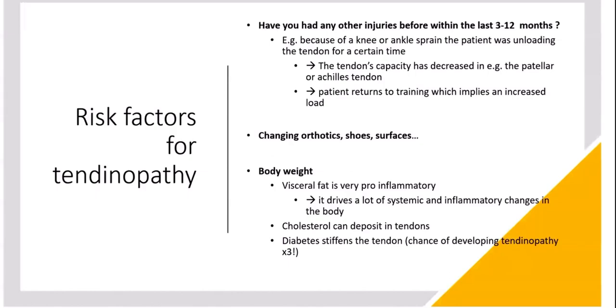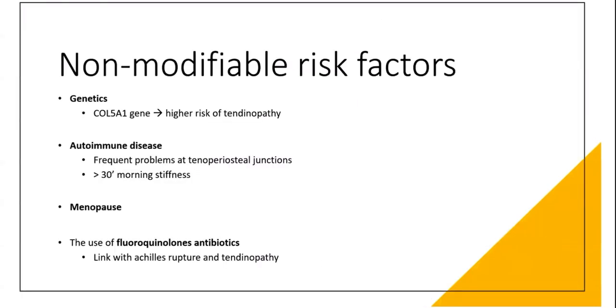Body weight is also an important element, because visceral fat seems to be very pro-inflammatory. It seems to drive a lot of systemic and inflammatory changes in the body. Cholesterol can also deposit in the tendons, and diabetes patients seem to have 3 times more risk to get a tendinopathy, because diabetes also can stiffen the tendon. So keep that in mind. And then there are some risk factors we can't change, such as genetic factors, people with an autoimmune disease.